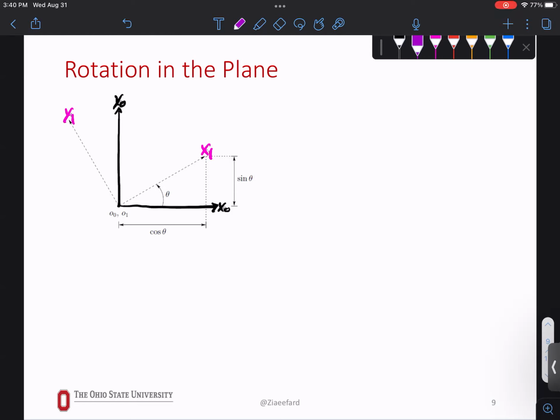How do we find that? I'm trying to find the rotation of X1 of the new frame with respect to the old frame. So this is your initial frame, and this is your new frame. How do I find this?